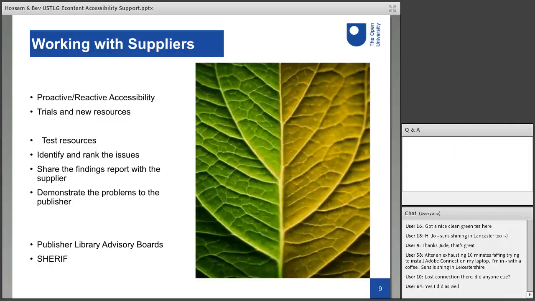But when we were using just JAWS, very often the publishers didn't understand how they would work. So we demonstrated this at OUP, and they came back to us later and they have worked on changing their whole process to make sure that accessibility is there in the design phase.